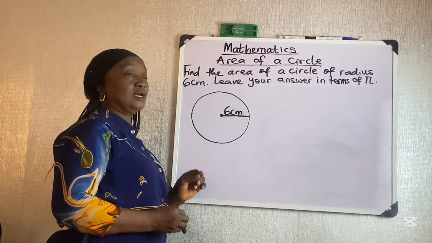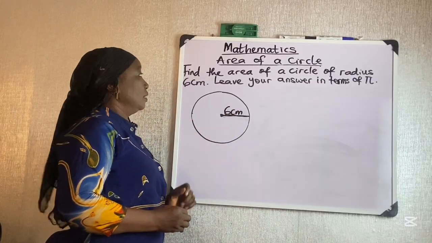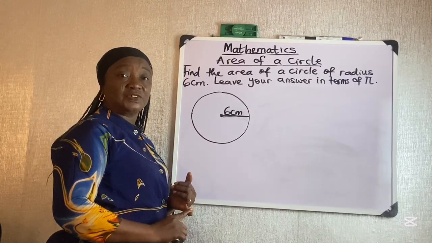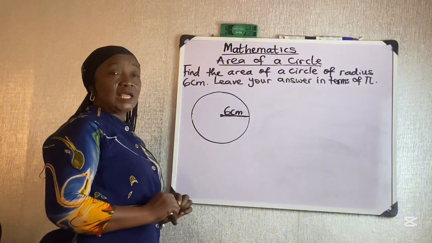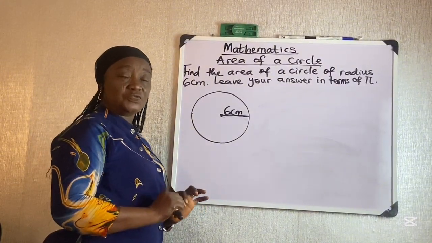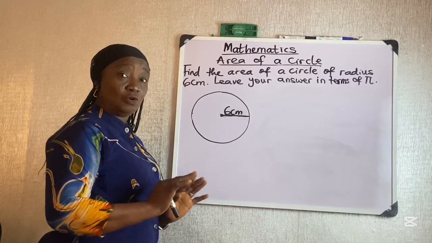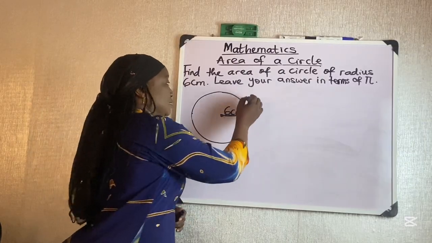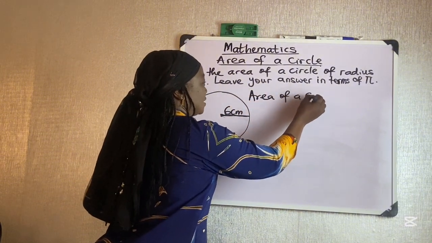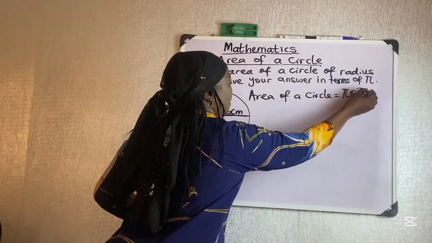So we are giving another example on area of a circle. In case we are given a number that 7 cannot divide easily, or they ask us to leave it in terms of pi. You follow the same pattern, the same area of a circle, pi r square.